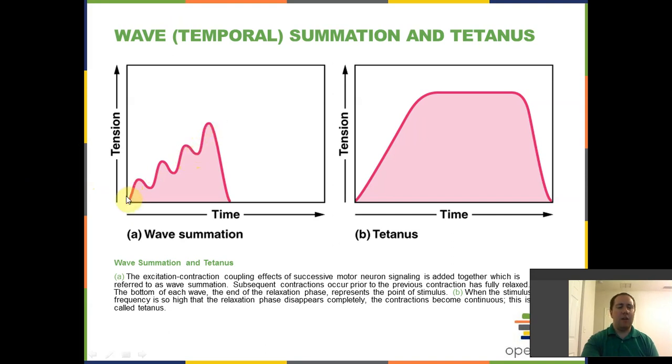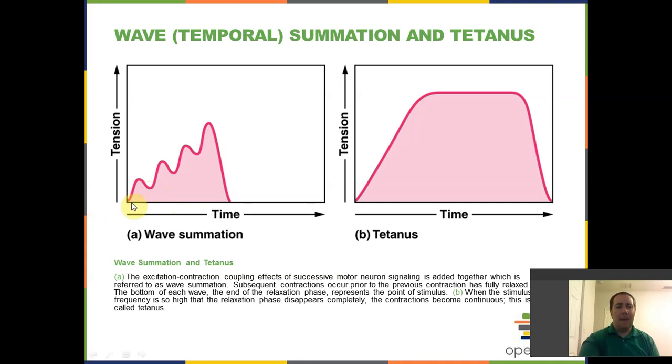And so you can imagine, if we contracted once and then we waited long enough, eventually it's going to get back down to zero, and we're just going to go up and down, and up and down, and every peak is going to be the same height.